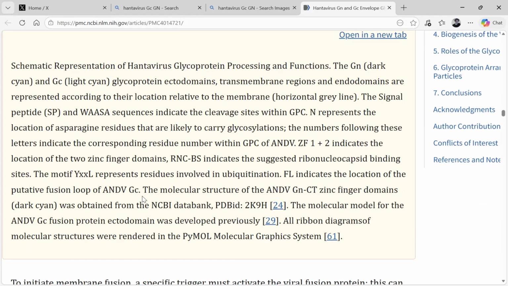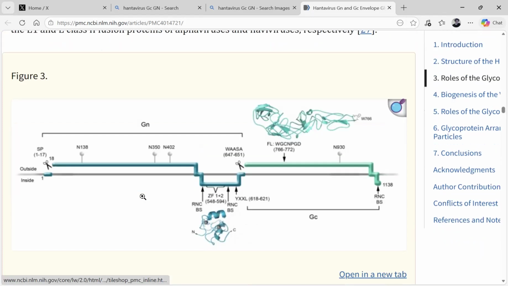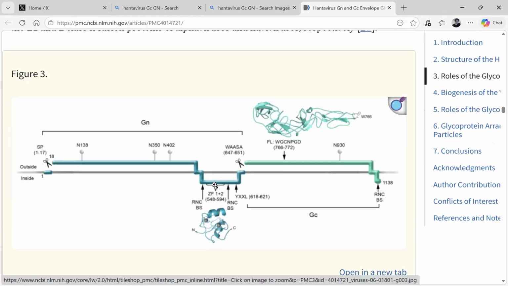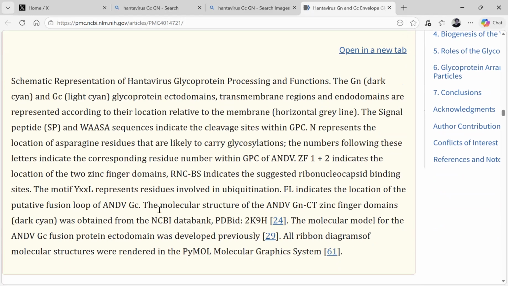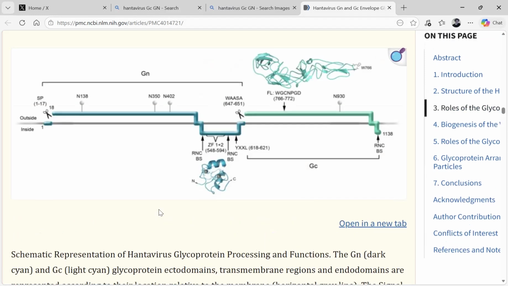Now, the ZF1 and 2 indicates the location of the 2 zinc finger domains, ZF 1 and 2. So this is the zinc finger. And the RNC-BS indicates the suggested ribonucleocapsid binding sites, which is right here and right here.